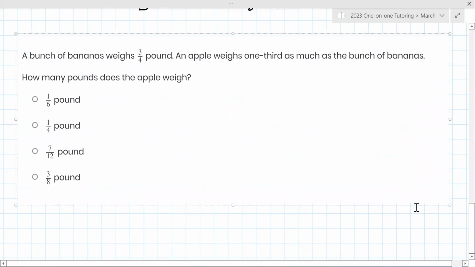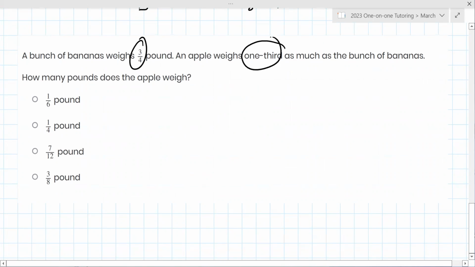Okay. New problem here for us to look at. It says a bunch of bananas weighs 3/4 pounds, 3/4 of a pound. An apple weighs 1/3 as much as the bunch of bananas. Do you remember what math operation as much as refers to?